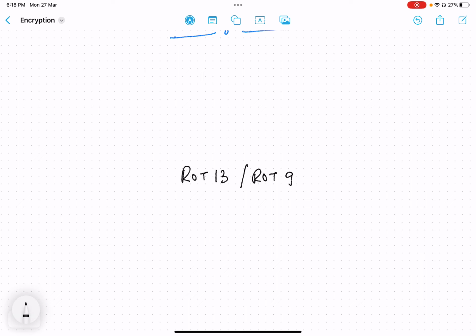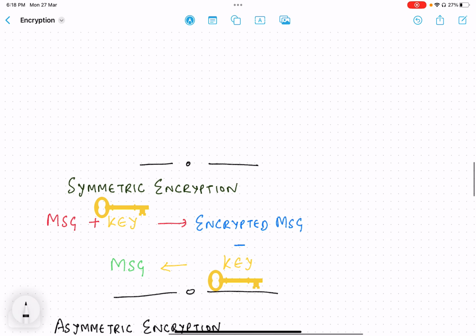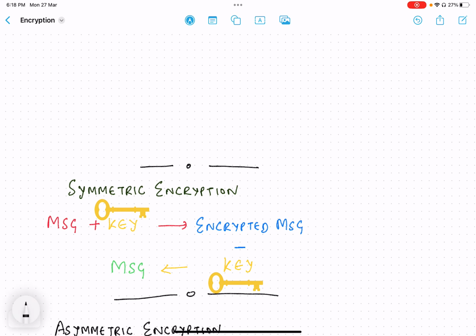Now I wanted to take this a step further and tell you how this relates to symmetric encryption. In symmetric encryption, we have a message which is encrypted using a certain key. Now in production systems, that symmetric encryption key is pretty complex, but it still brings us to the same point.